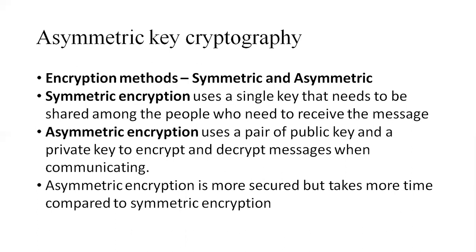One key is called a private key, the other one is called a public key. Either a public key is used to convert the plain text into ciphertext, and a private key is used to convert the ciphertext into plain text, or vice versa. A private key can be used to convert the plain text into ciphertext, and a public key is used to convert the ciphertext back into plain text. So any one of these two can be used.